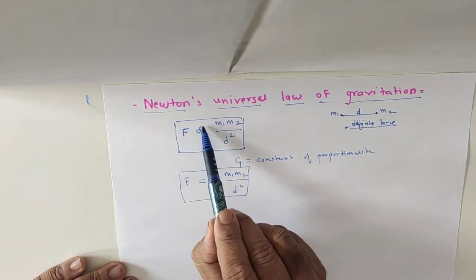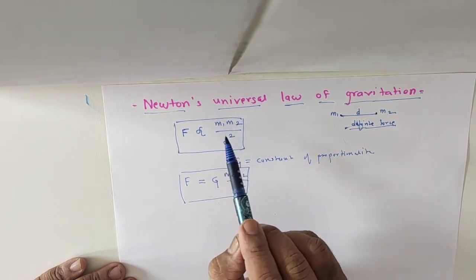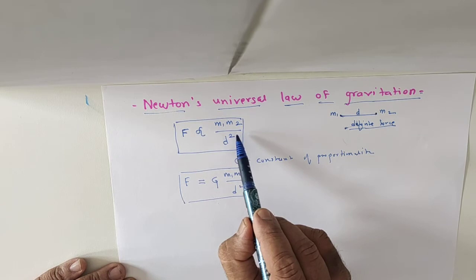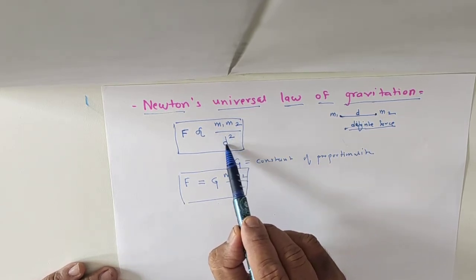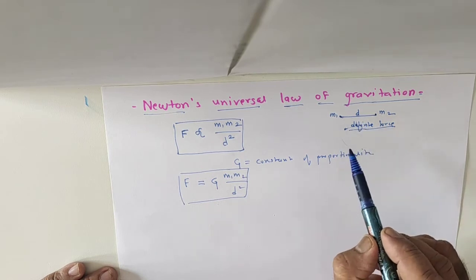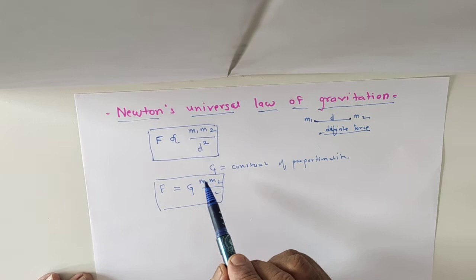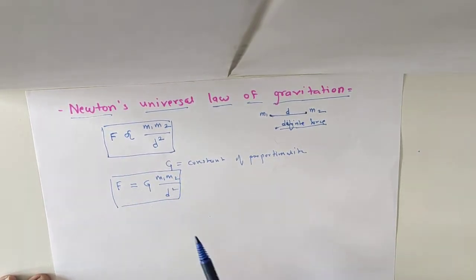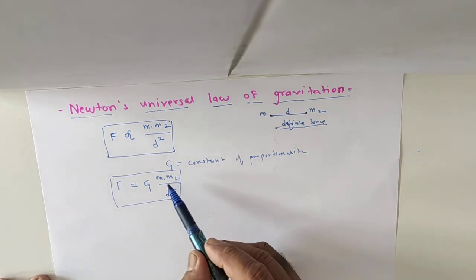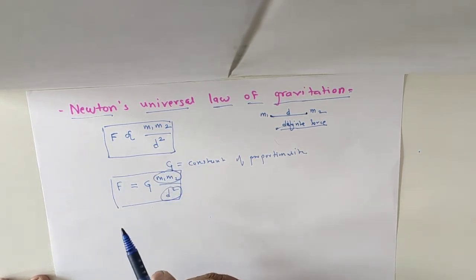This force is directly proportional to m1 m2, means product of masses, and inversely proportional to d square, the square of the distance between them. By taking the proportionality constant as G, we can write F is equal to G m1 m2 upon d square. This is the mathematics. This is the numerator and this is the denominator.